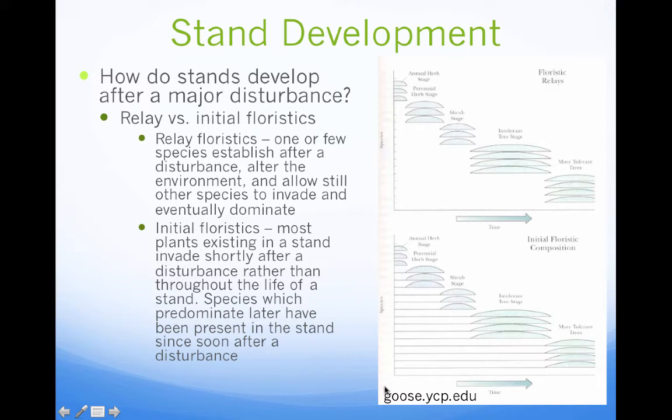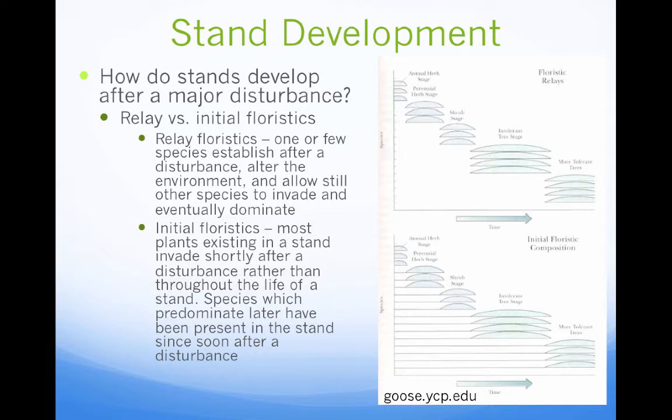But who dominates varies based on the time after the disturbance. Again, first we have the annual herb stage. However, the plants, the seeds, of the most tolerant trees are there at that same beginning point.